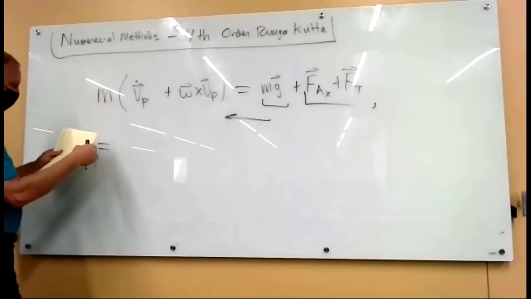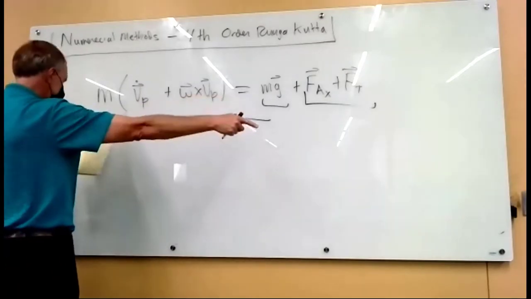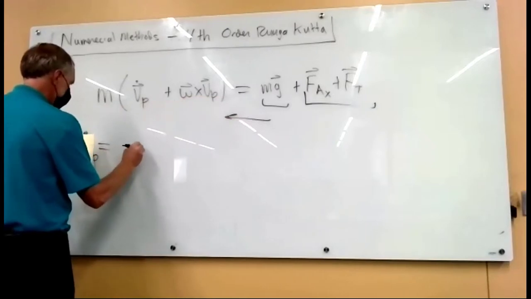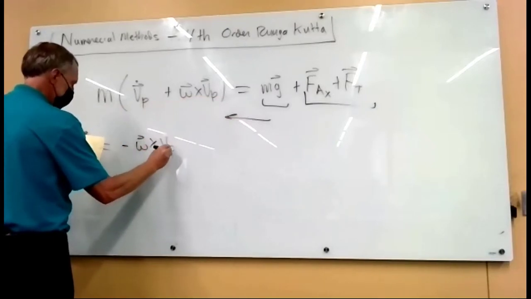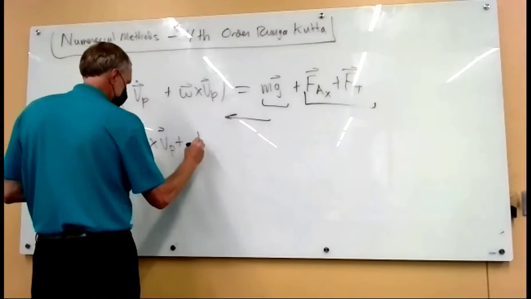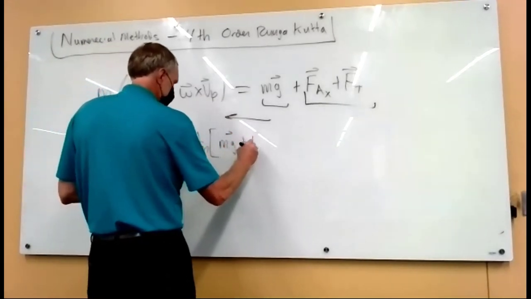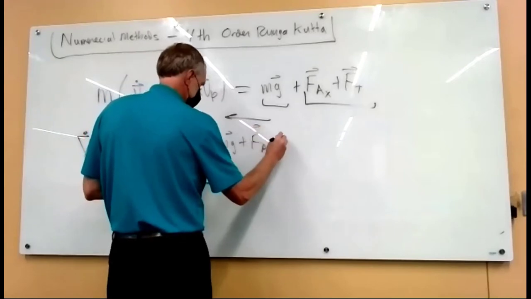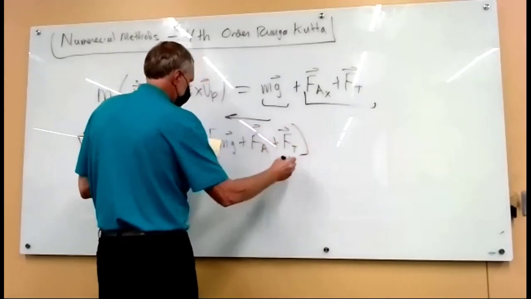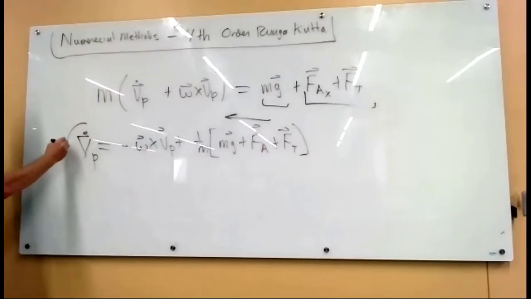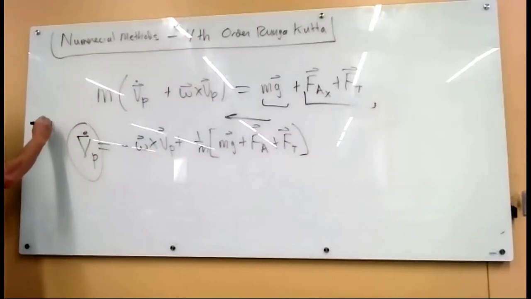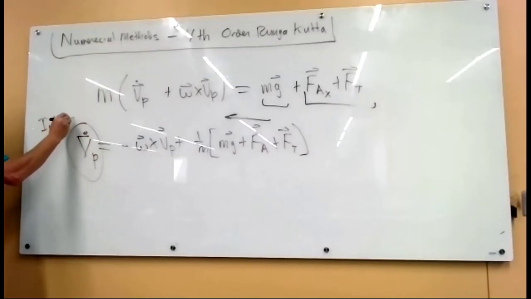So divide by m, move the omega stuff over to the other side, and then we're going to integrate this thing in MATLAB to actually simulate.